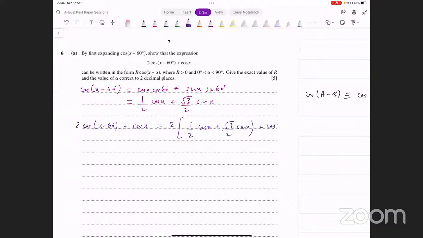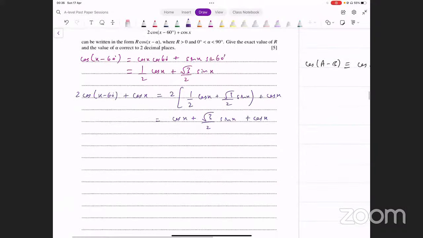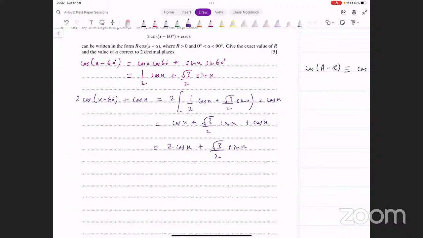And then you've got plus cos x outside. That gives us cos x plus square root of 3 over 2 sin x plus cos x, and that is 2 cos x plus square root of 3 over 2 sin x. ठीक है, अब ये हमारे पास इसको हमने evaluate कर लिया.